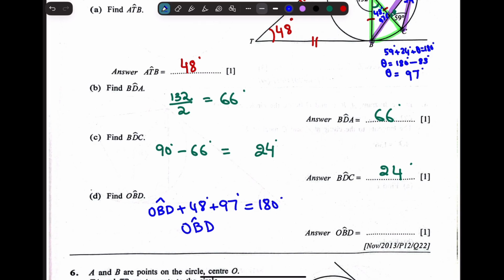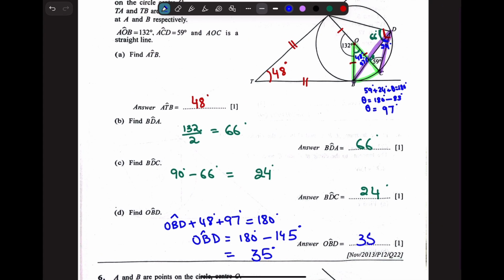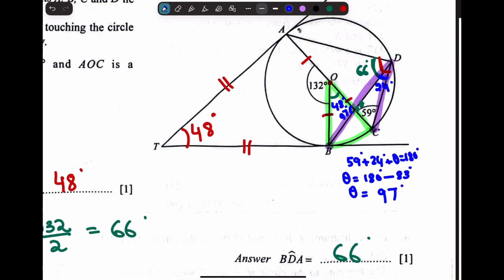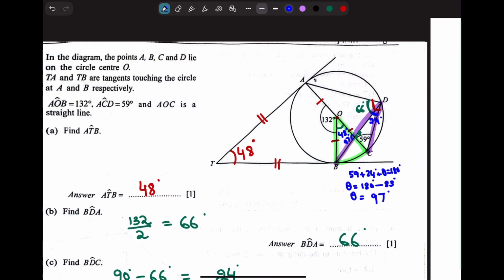So angle OBD is going to be 180 minus 145, so 35 degrees. Okay, so angle OBD is 35 degrees. I'm sure there must be another way to solve this question. So you can follow any method as long as it is logical and you get to the correct answer. Okay?